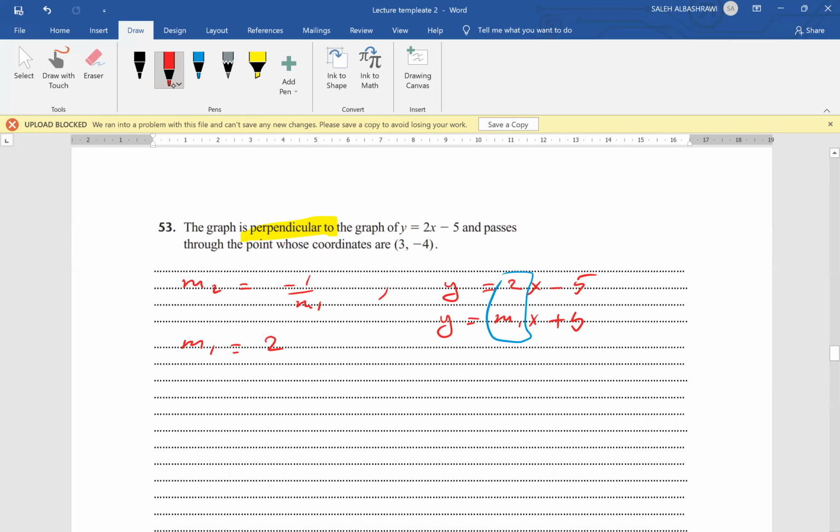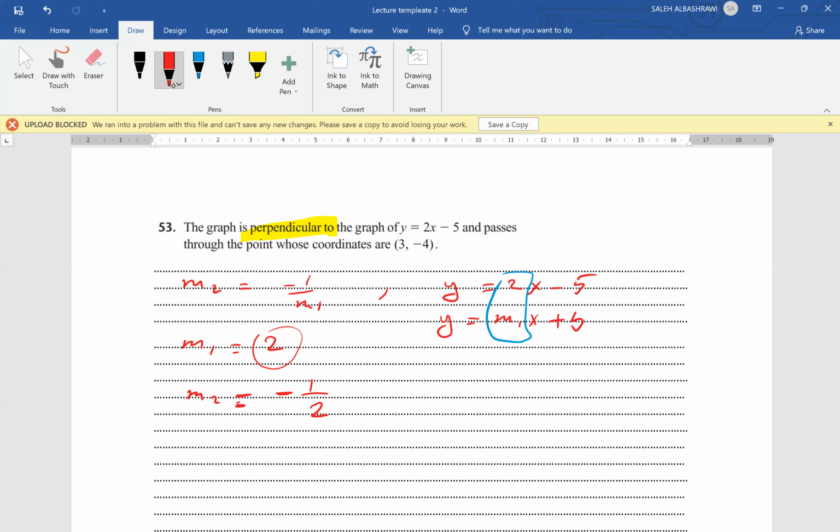Now m2, in this case, just write it upside down and change the sign. It is the reciprocal 1/2 and change the sign. It is -1/2. The negative of the reciprocal of m1 is minus 1 over m1.